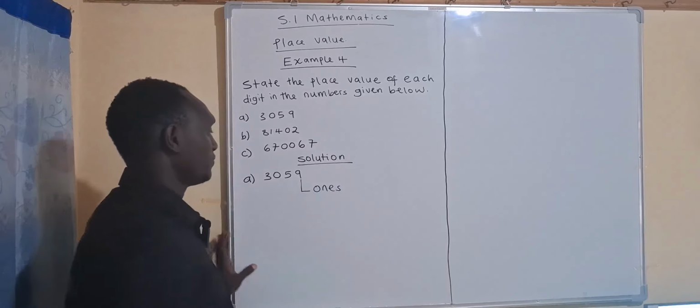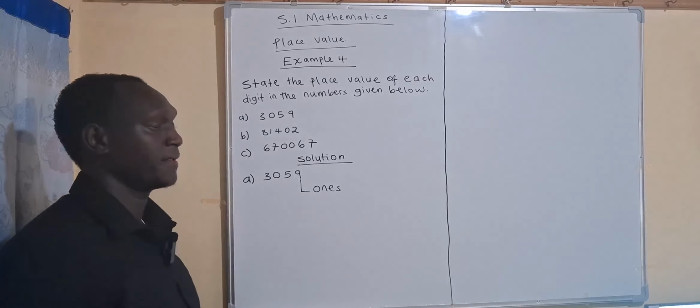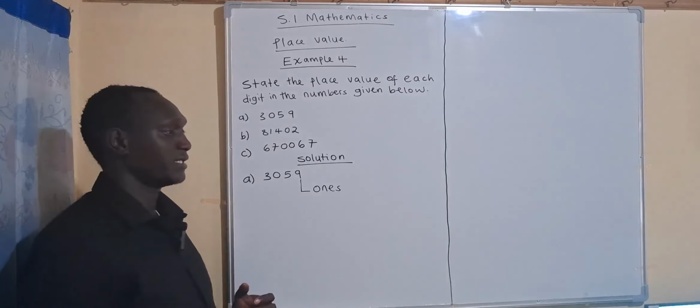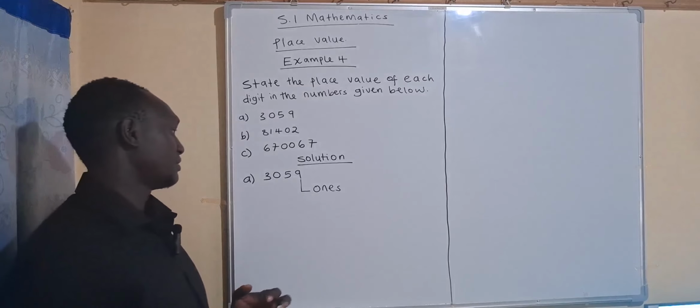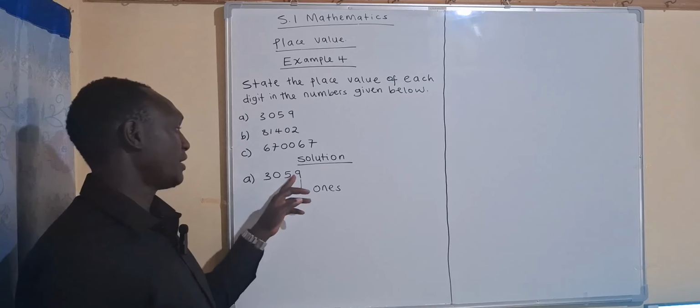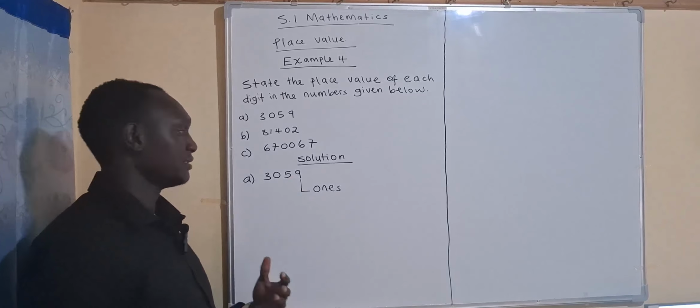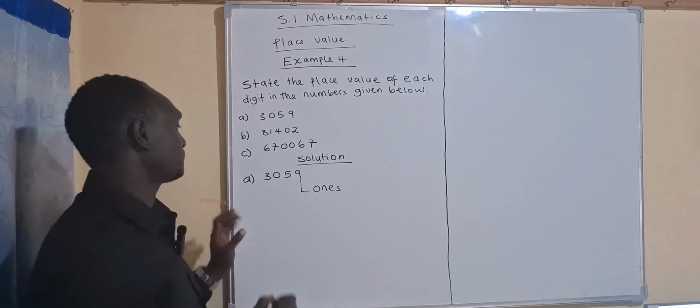So the place value of 9 in this case is ones. And what is the implication of that? This implies that in this number there are 9 ones, or ones are occurring 9 times.